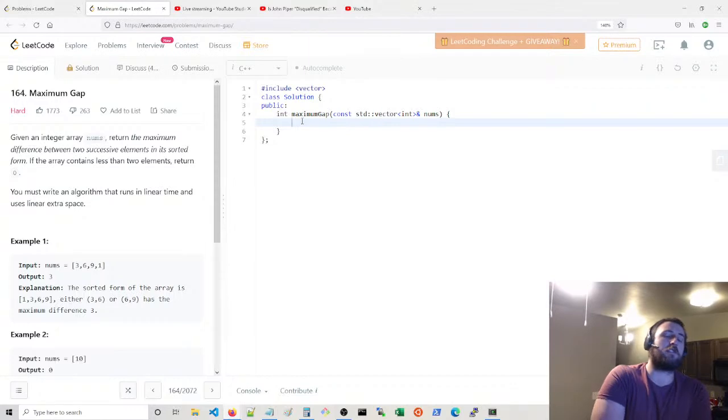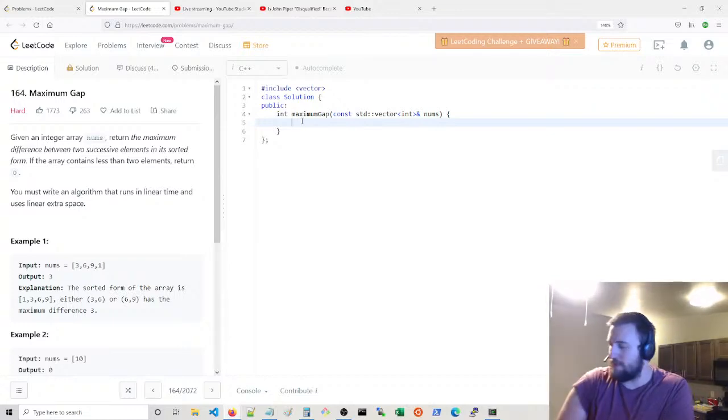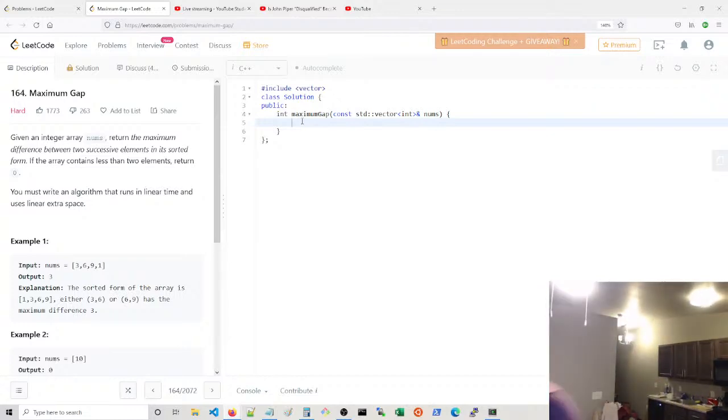I was thinking we could just take the difference. For some reason, I was thinking the difference array, and I don't think that's the right thing to do though. Maximum subarray sum after taking the differences.